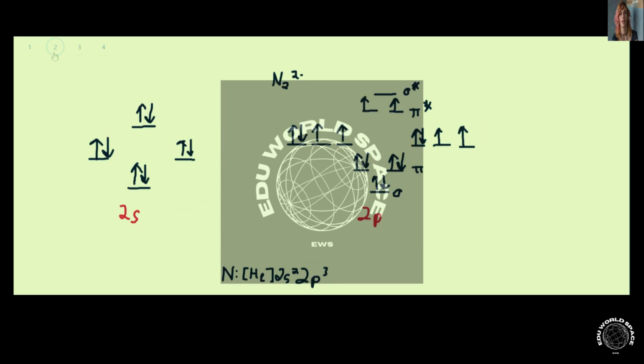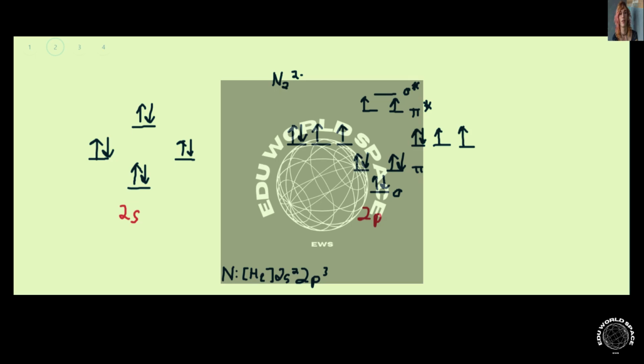Now we're dealing with N2 minus. So here's the electron structure of our nitrogen. We have our 2s orbital, now our 2p. Our N2 has a -2 charge, so we're going to add 2 electrons into our nitrogen orbitals.